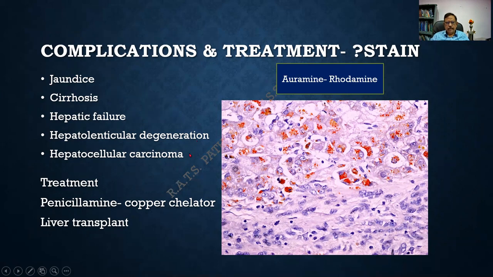Carcinoma is possible. The treatment will be by means of a chelator. A chelator is a substance that joins with it and excretes it. Penicillamine is one. If everything fails, then we have to go in for a liver transplant. This is a rhodanine stain showing the deposition of copper in the hepatocytes.